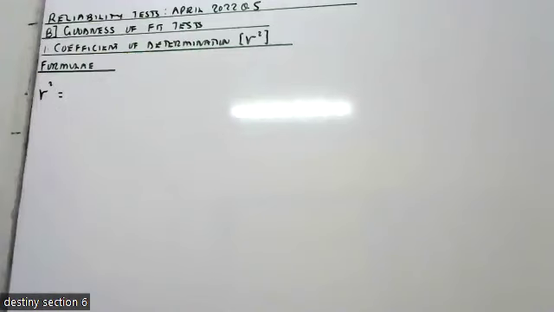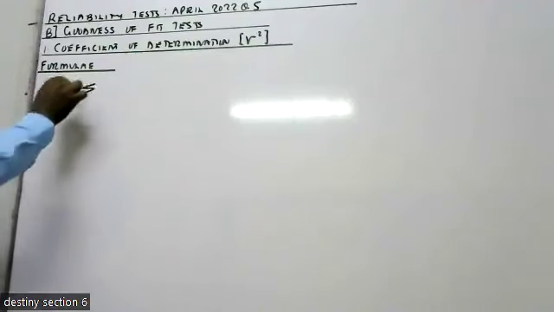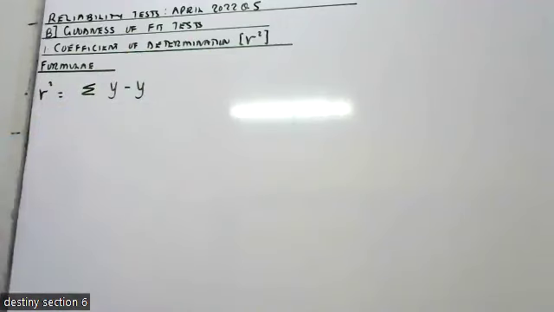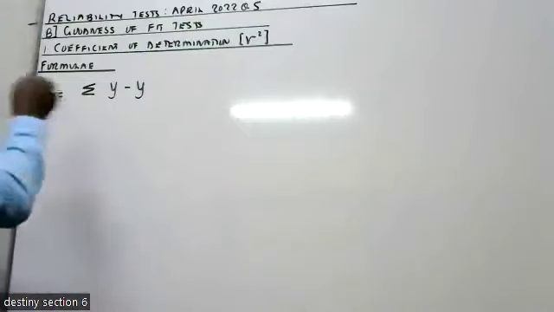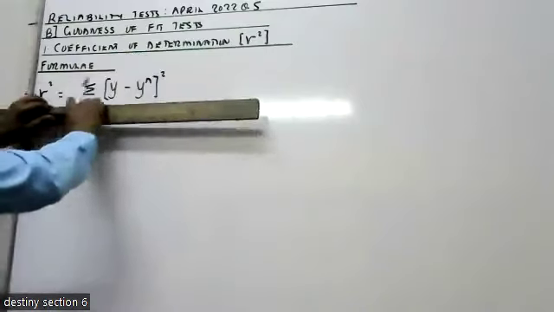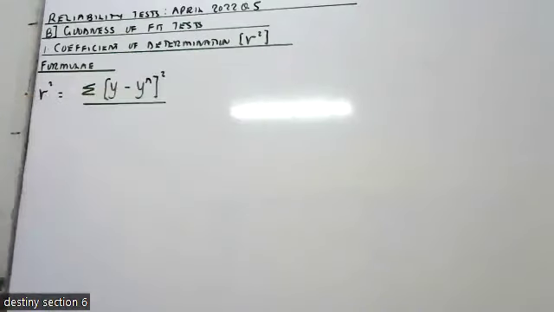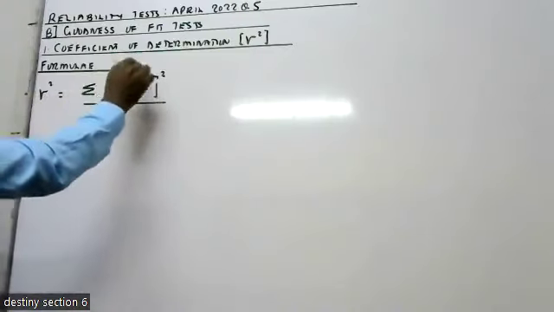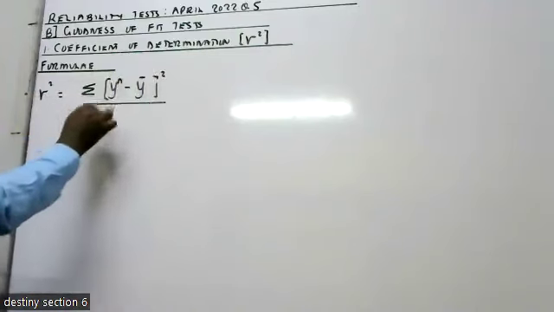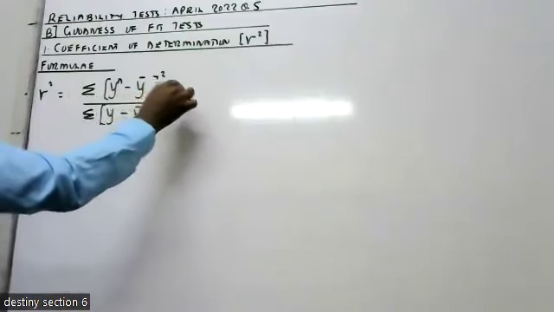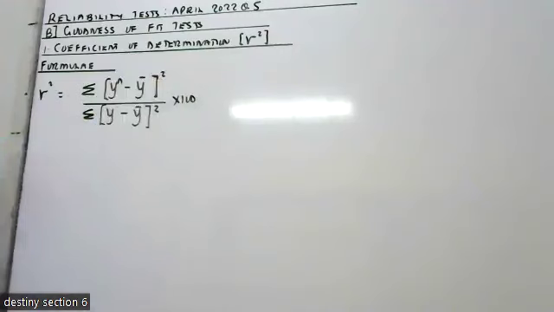And because the notes have the explanations, we will just go straight: sum of y minus y predicted, squared, you divide by sum of y minus y bar, squared, you multiply by 100.